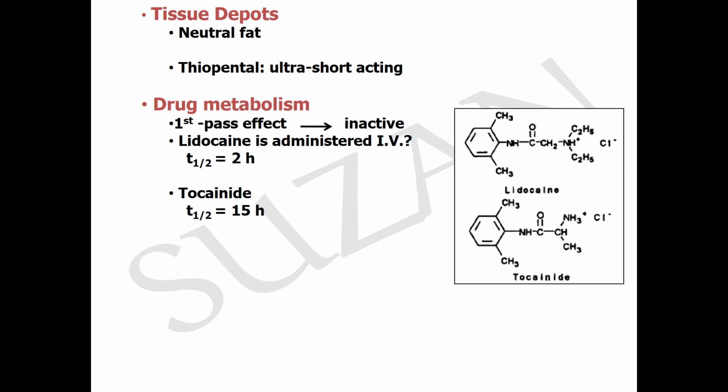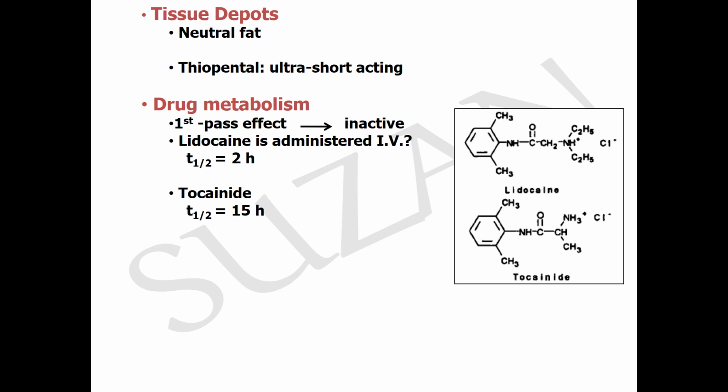However, when it redistributes again outside the brain and is stored in the neutral fat, it will then diffuse slowly out of the tissue depots. During this diffusion, the drug will be present in low concentration that will not produce a pharmacological response.